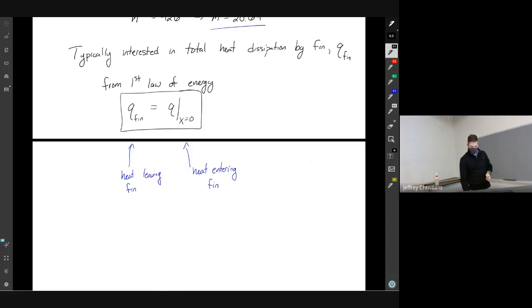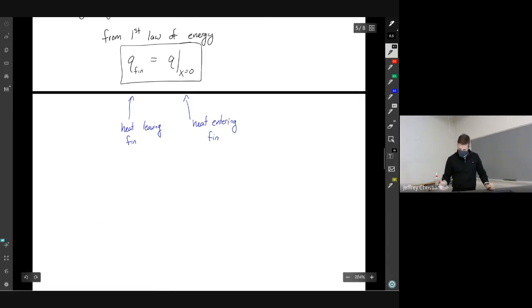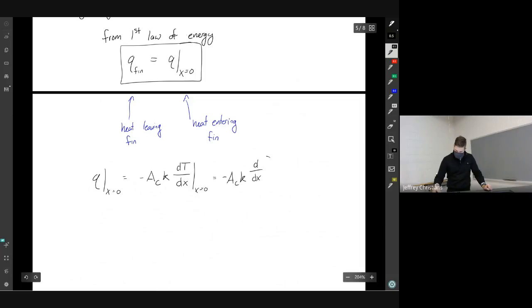So we would have, okay, Q evaluated at x equals 0 would be equal to minus A_c k times dT/dx evaluated at x equals 0. So that would be equal to, right, minus A_c k times d/dx of this whole big ugly thing.